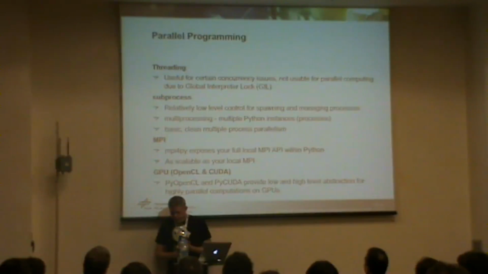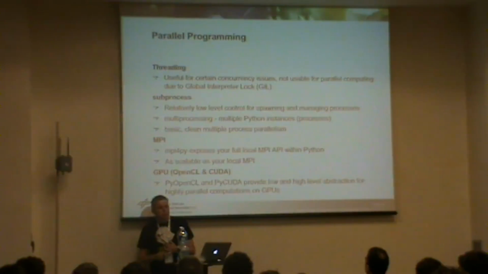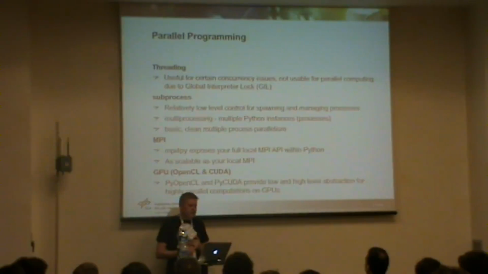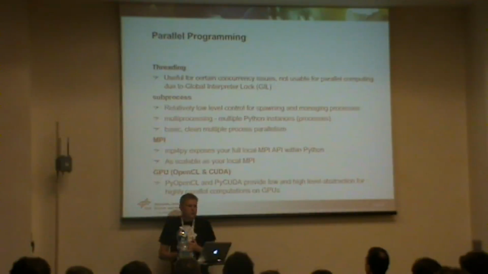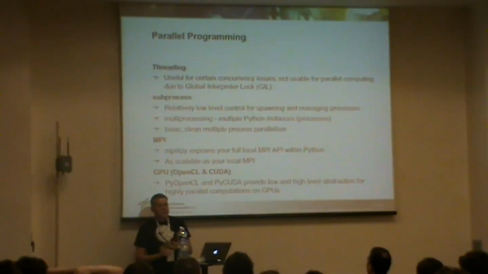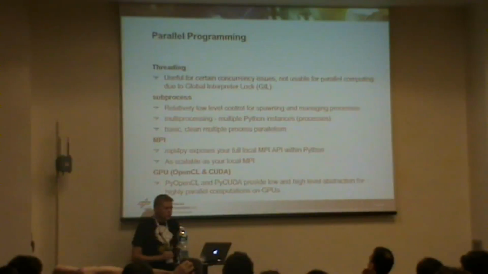We don't want to use NumPy or SciPy to program by hand. I think we have different chances, different technologies, like threading, subprocess, or API programming, and we use libraries for GPU.